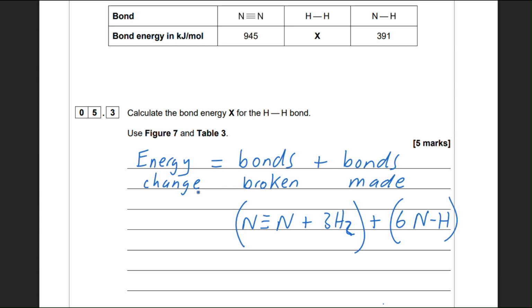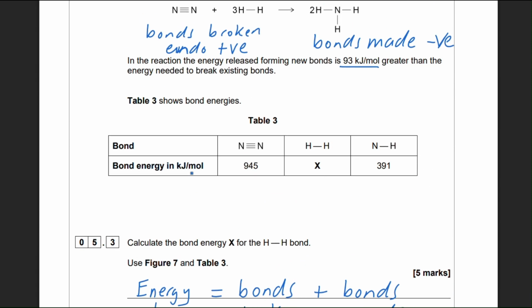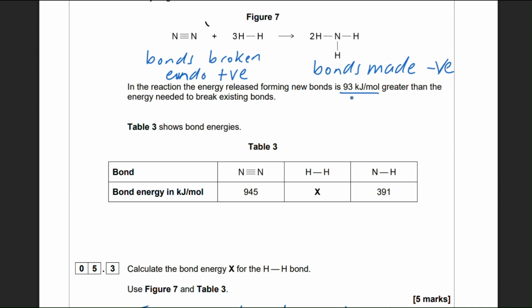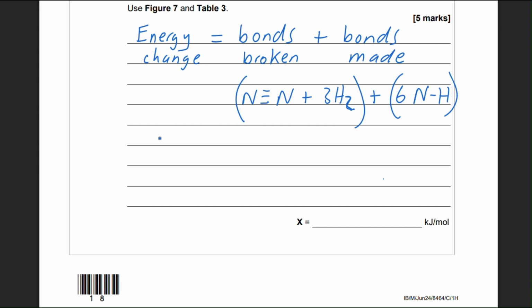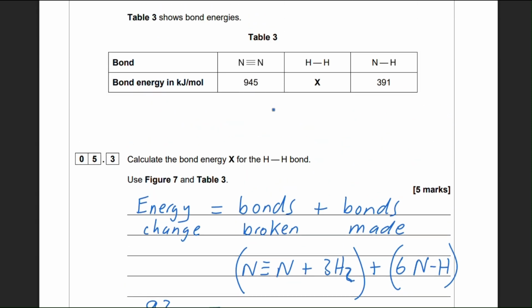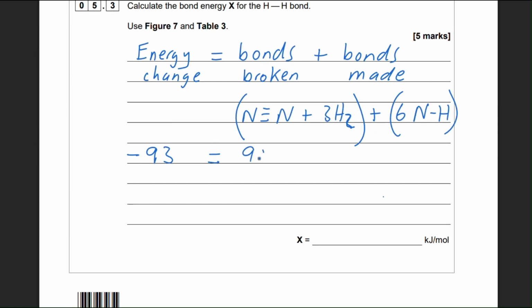Now we have to put our numbers in. The energy change, they give it to you here. It says it's 93 kilojoules, but because it's energy which is released, energy release is an exothermic process, so it's negative. Even though it says positive 93 there, we have to make it minus 93. And then that equals the nitrogen to nitrogen triple bond, which is 945, plus the 3 hydrogens, which we don't know, plus the 6 NH bonds.